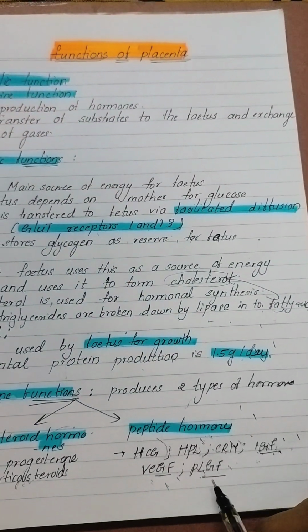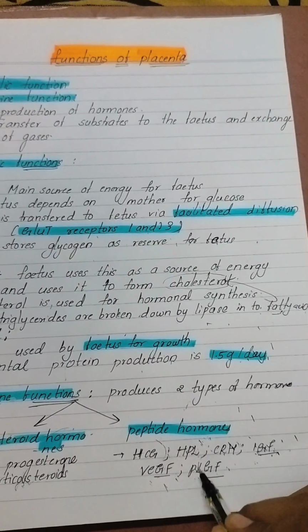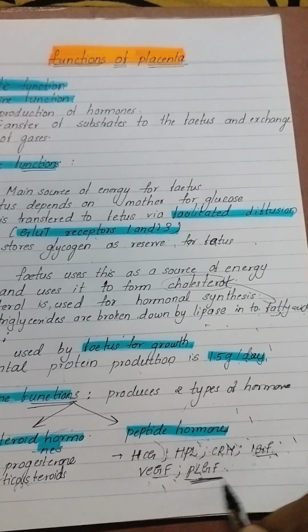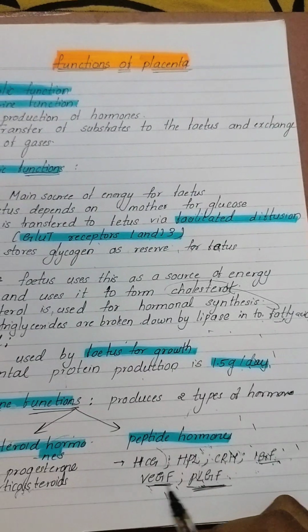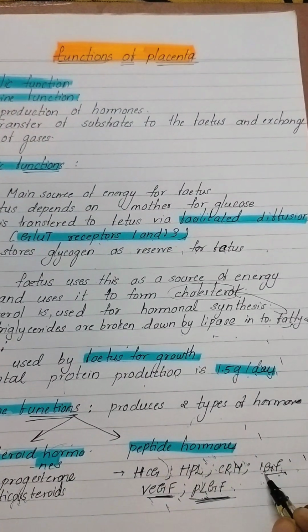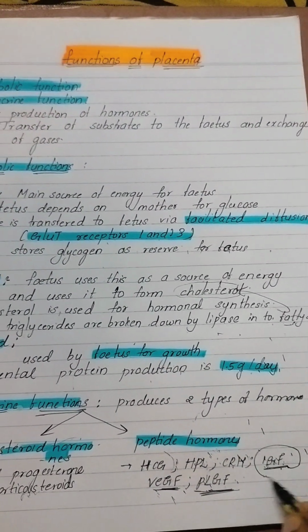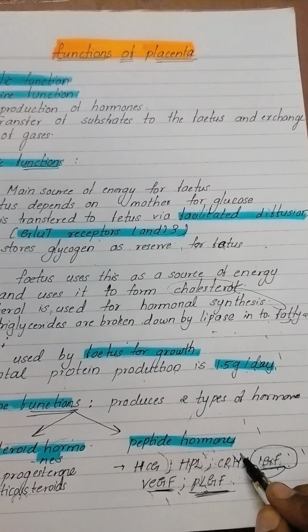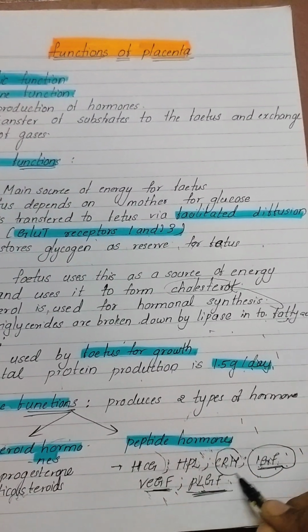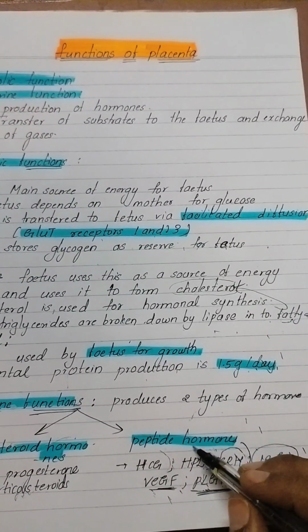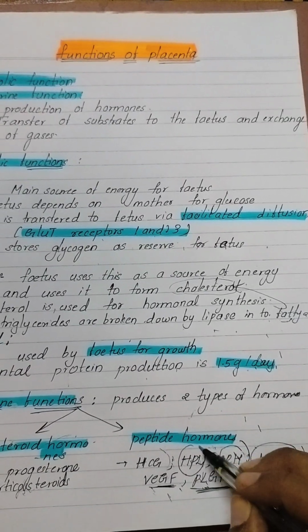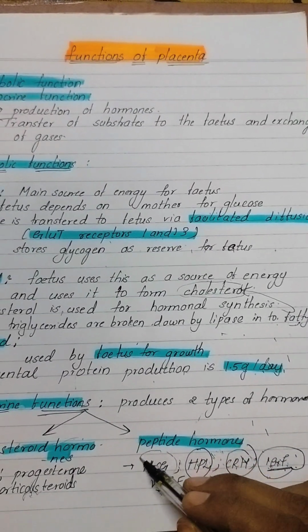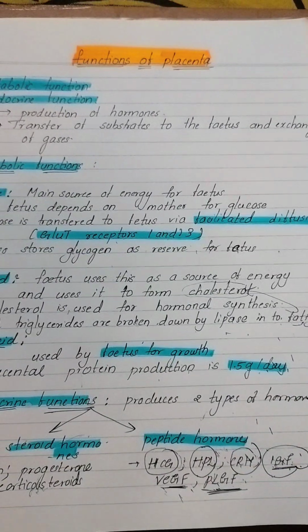Next, PLGF means placental growth factor. See, placenta is yellow also, no? So: placental growth factor, vascular endothelial growth factor, insulin like growth factor, corticotropin releasing hormone, human placental lactogen, and human chorionic gonadotropin.